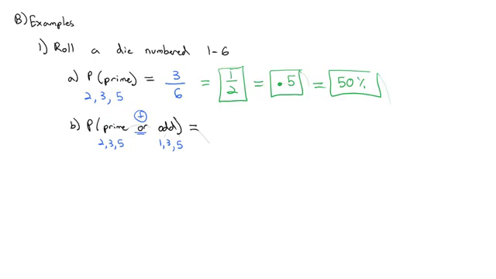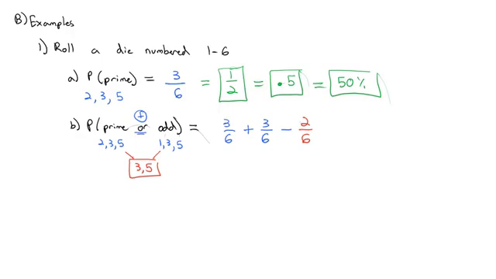Using our formula, we said to calculate an OR, we take the probability of the first, the probability that we get a prime. There are 3 out of 6 primes, plus the probability of the second part, the odds. Well, there's 3 out of 6 odds. But then our formula said we had to subtract where they overlap. 2, 3, 5, and 1, 3, and 5 have the numbers 3 and 5 in common. So we're going to subtract that overlap of 2 out of 6 choices.